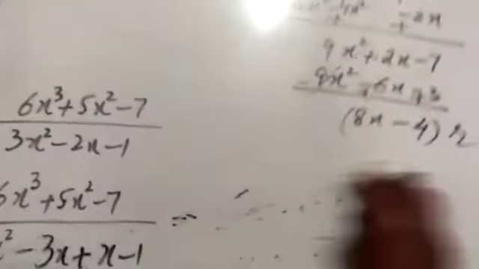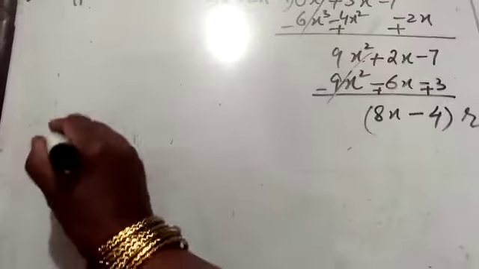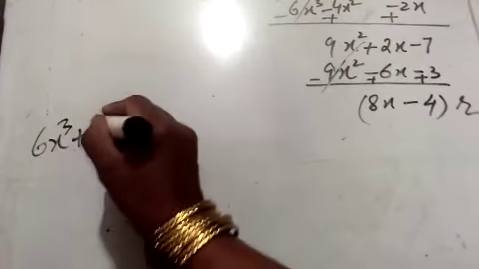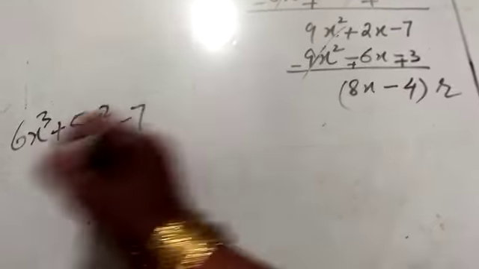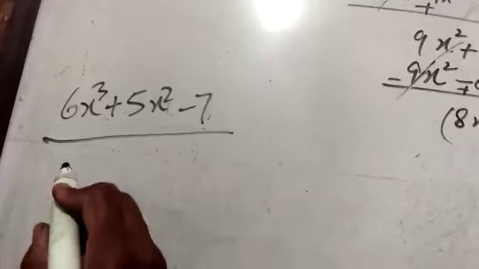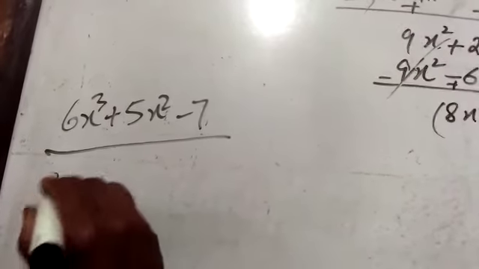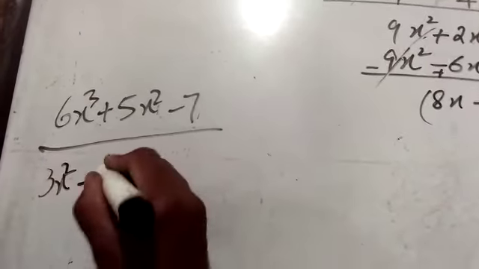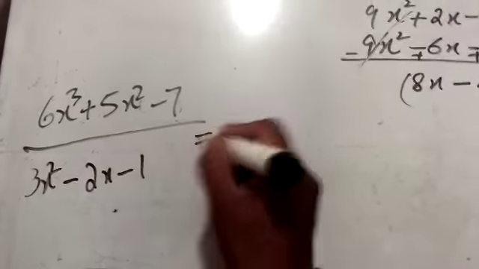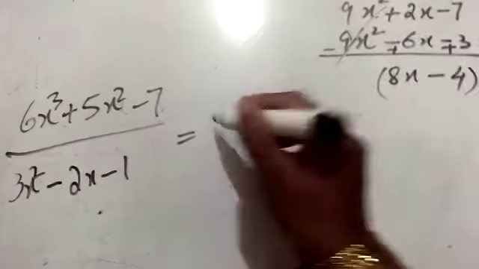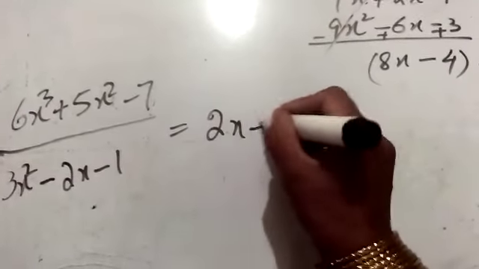We put these two values in equation 1 and get the answer of the given fraction. 6x cube plus 5x square minus 7 divided by 3x square minus 2x minus 1 equals the quotient of this question, which was 2x plus 3.